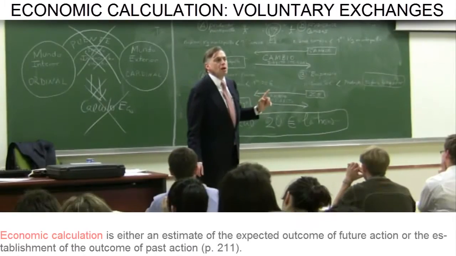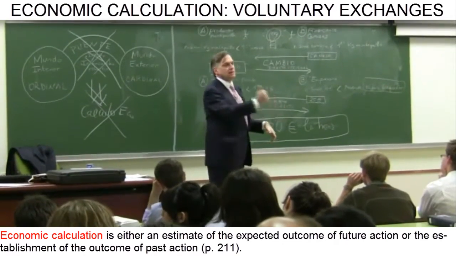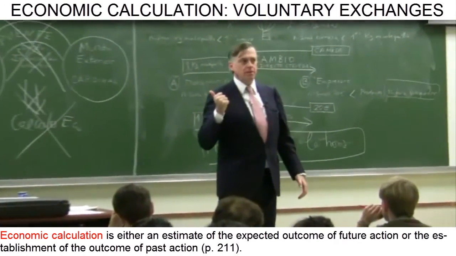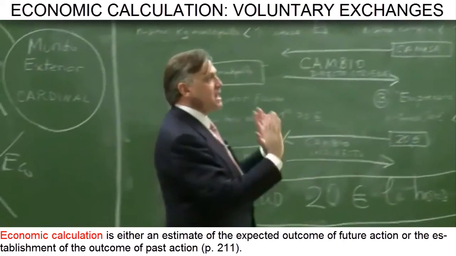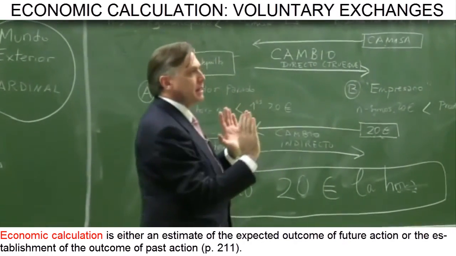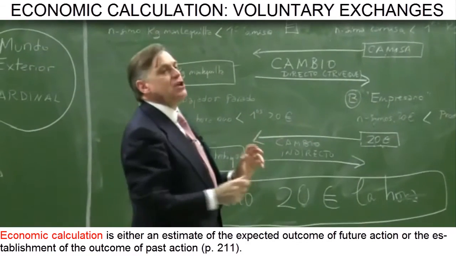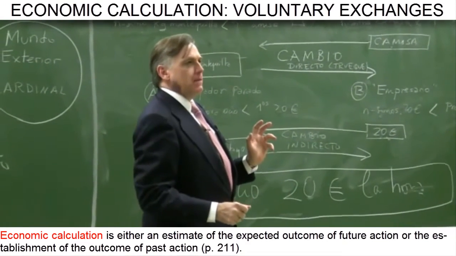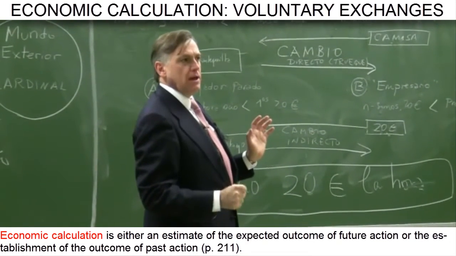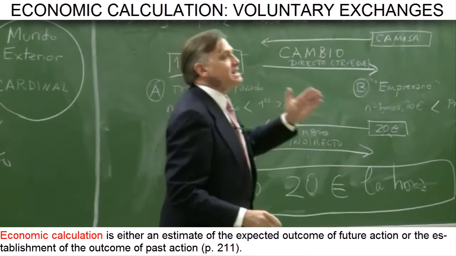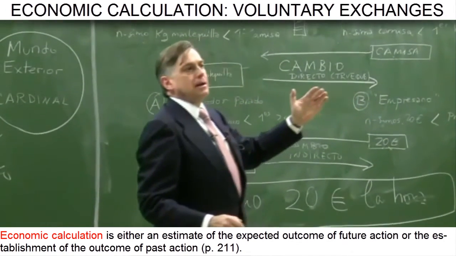And this fact can be used by many other entrepreneurs in their numerical computations, either regarding the past, retrospectively, to determine whether they have gained or lost, or the future, prospectively, to gauge, based on the monetary prices which emerge in the market, which alternative is most worthwhile to them.